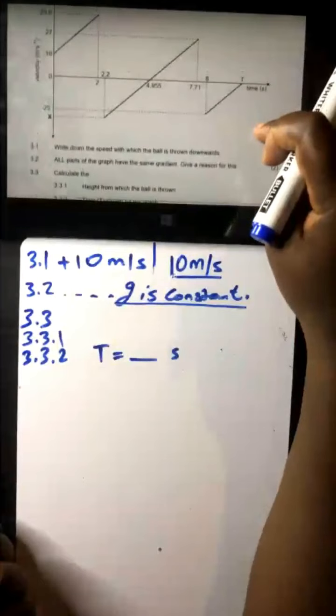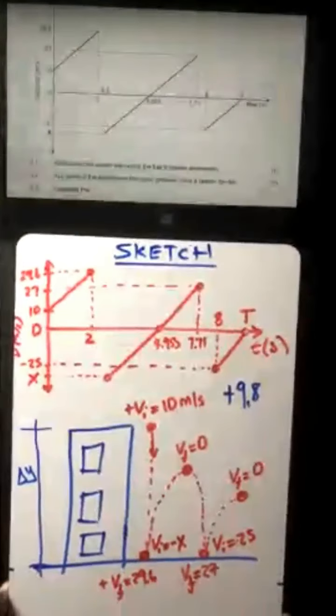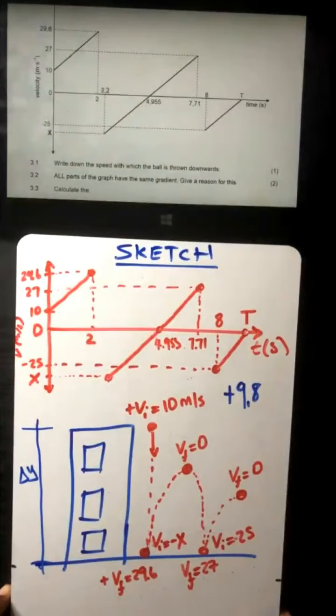So ladies and gentlemen, based on the graph, what information do we have? Remember guys, we just need 3 quantities to be able to calculate the 4th quantity.